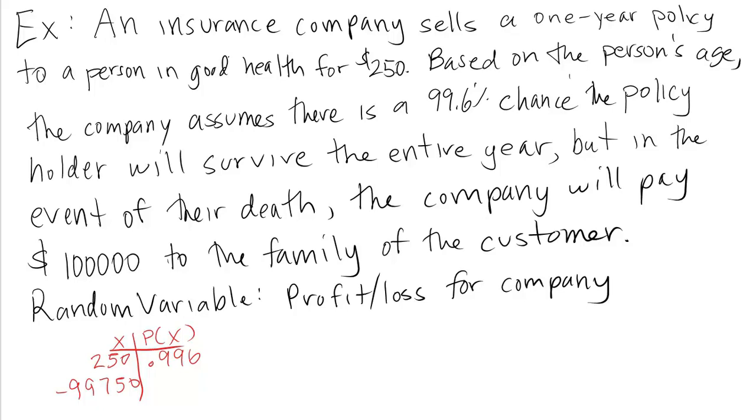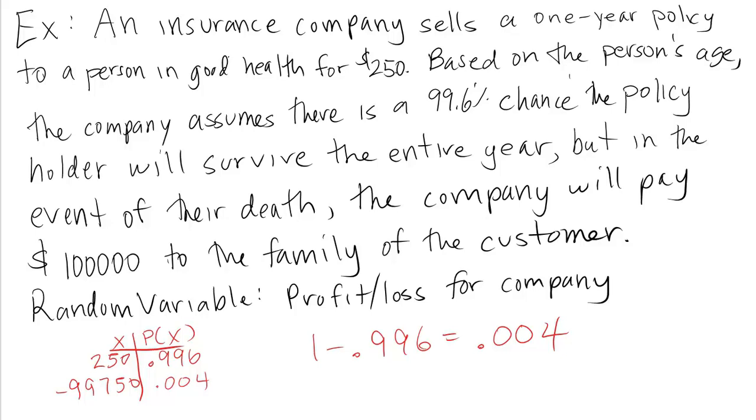Or thinking about what we said for discrete probability tables, this column needs to add up to 1. And so the number that we put for probability here has to be a number such that when we add it to 0.996, we get 1. And how would you get that? Well, you would subtract from 1. Either way you think of it, we need to subtract 0.996 from 1. That's 0.004. And that's our other probability.